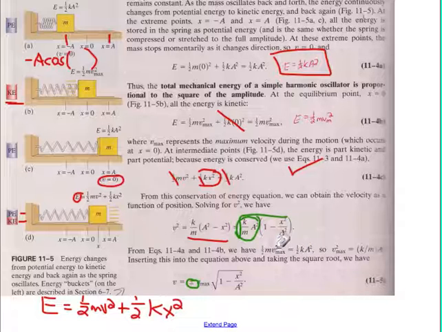If you have the total energy as potential, this is what you have. If you have the total energy described as kinetic, this is what you have. They're equal to each other because energy is conserved. So if you solve for V max in this equation, let's just take their word for it, you get this guy. And it turns out that V max from that little expression is equal to the square root of k over m times a squared.